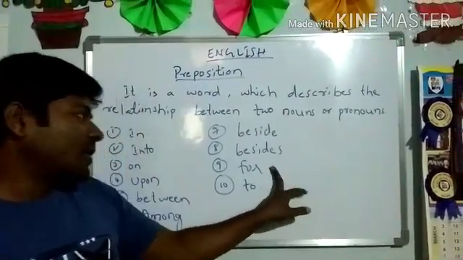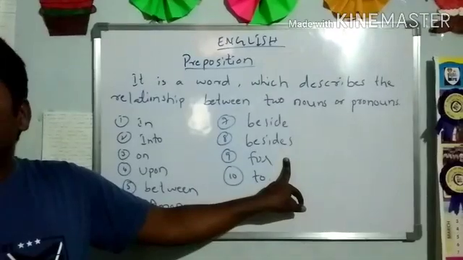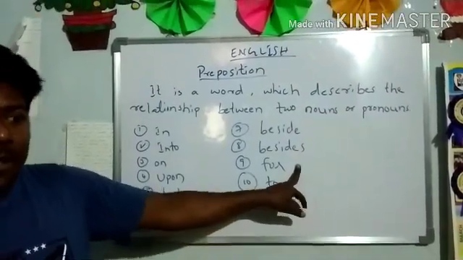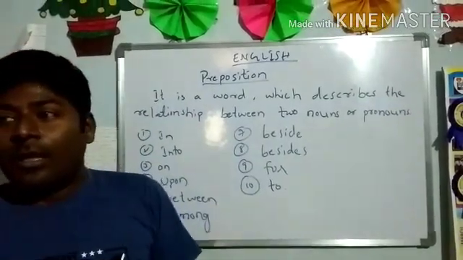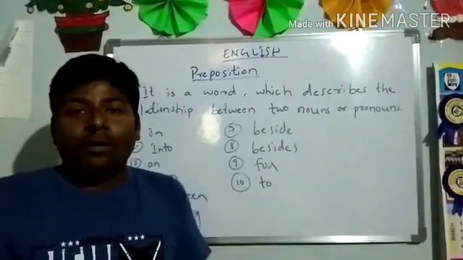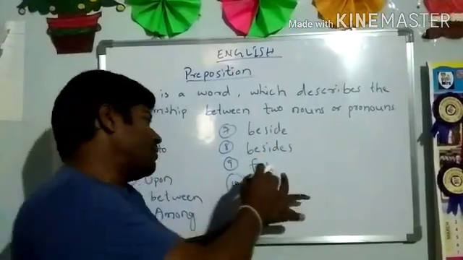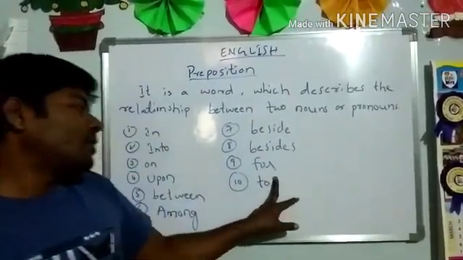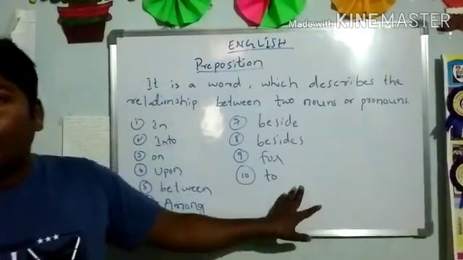And next, for preposition. We use for preposition when we talk about a purpose. He is searching dash job. Which purpose is he searching? For a job. So when we talk about a purpose, we use for preposition. And when there is no purpose, then we can use to preposition.